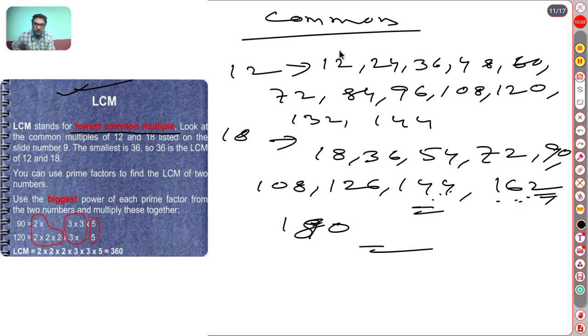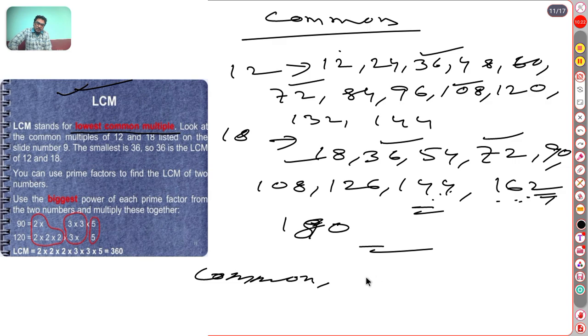So common multiples of 12 and 18 are 36, 72 and 108.